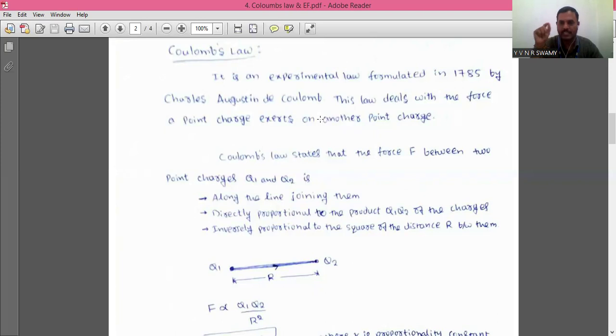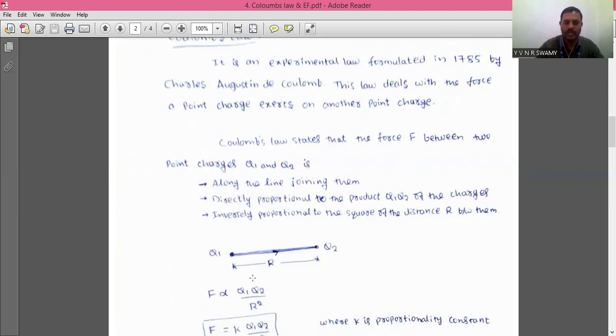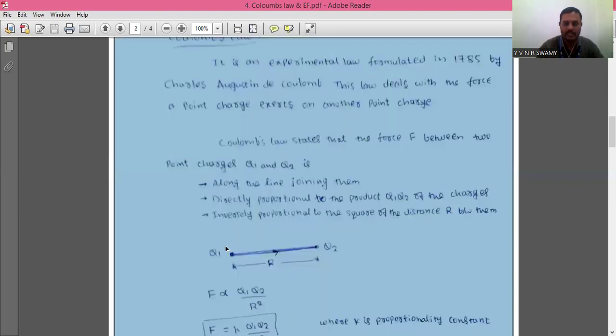Coming to the statement or definition of Coulomb's law. Now we will take 2 point charges, Q1 and Q2.